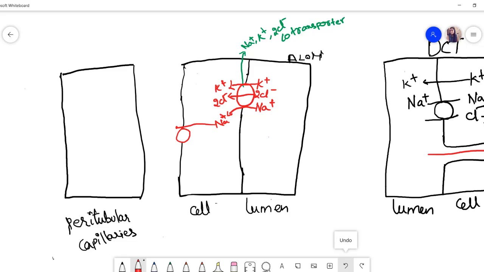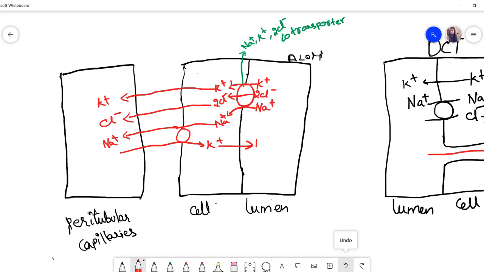This sodium will travel to the peritubular capillaries, and potassium also travels to the peritubular capillaries. Here, instead of two chloride, only one chloride will travel there. So when sodium enters here, we have potassium. Potassium doesn't like sodium, so it will return back to the lumen.